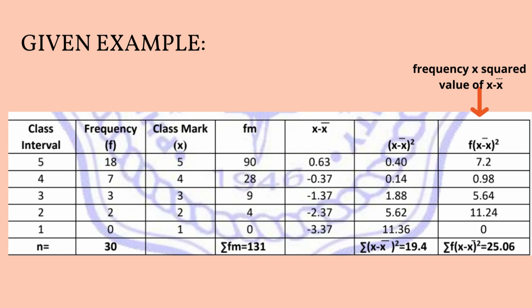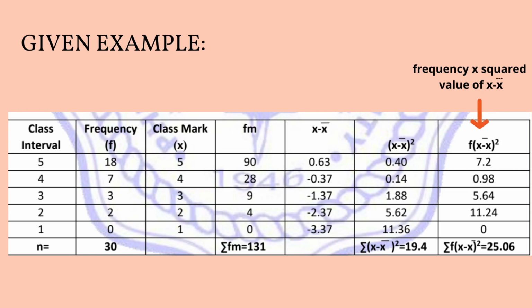So, i-multiply natin yung ating frequency. So, yung frequency natin is 18. Okay? And then, yung squared value natin, ito yung pang-anim. 1, 2, 3, 4, 5, 6. Pang-anim na column. So, yung 18, i-multiply natin sa 0.40, magiging 7.2. Okay?